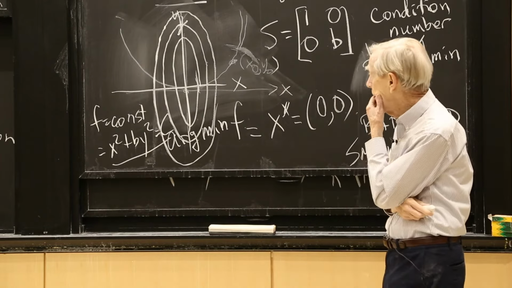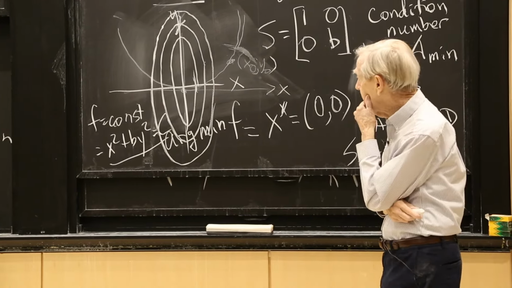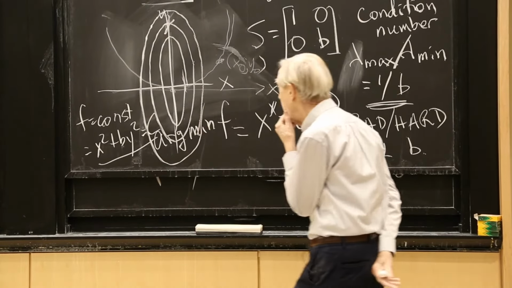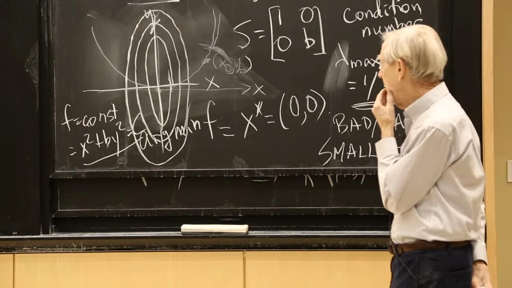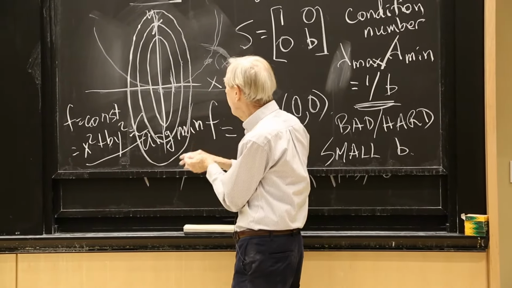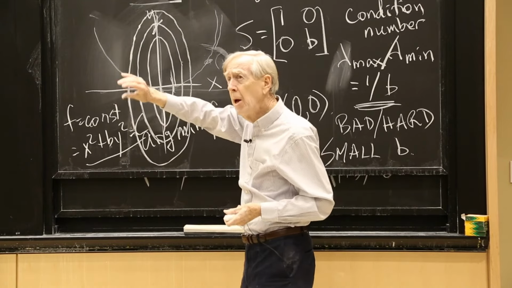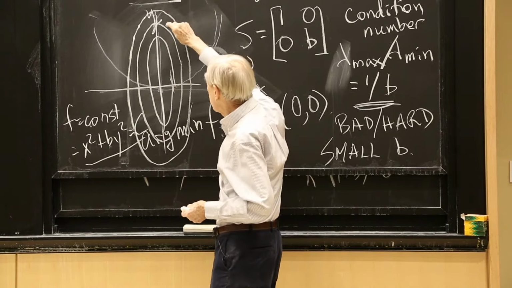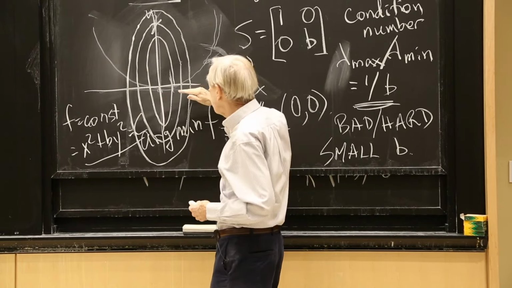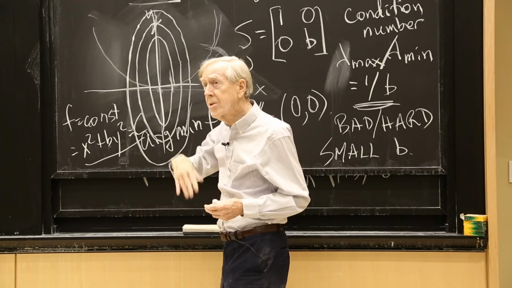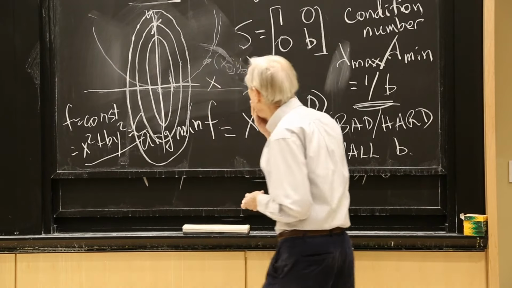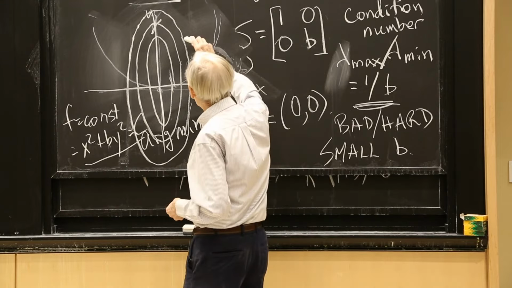They're long and thin. Is that right? Because I would have to take a pretty big y to make up for a small b. So what happens when I'm descending? This is a narrow valley then. Think of it as a valley which comes down steeply in the y direction, but in the x direction I'm crossing the valley slowly. Is that right?